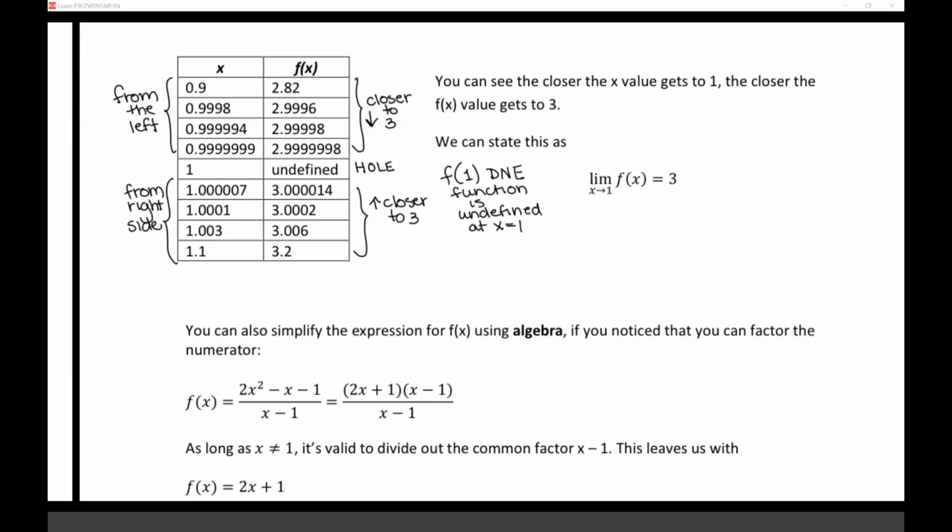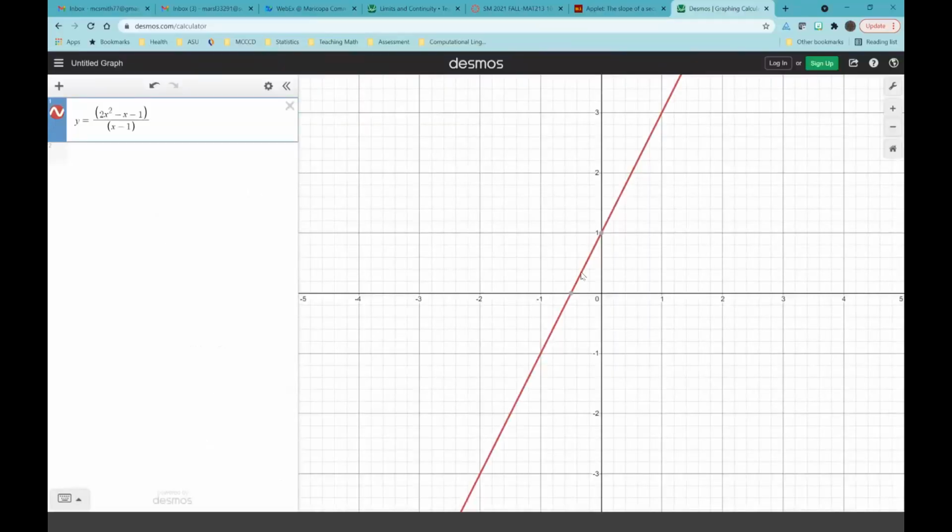All right, you can do that on the graph in Desmos as well, by just simply eyeballing the graph. You have to find the hole first, though. As I ride up the graph this way, I'm getting closer to a value. As I get closer to x equals 1 from the left, I'm getting closer and closer to y equals 3.